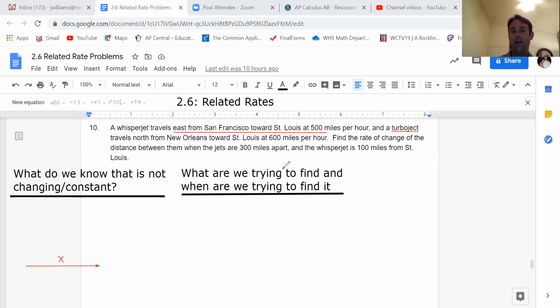And they said your rate is 500 miles an hour. So I went east, and that rate is 500 miles per hour. So that's a constant rate. So let's make that the rate of X. So that's 500 miles an hour.